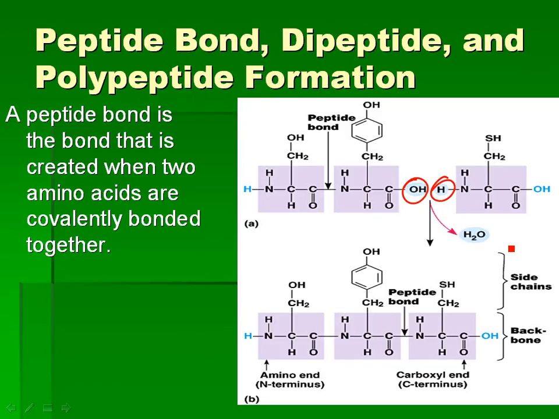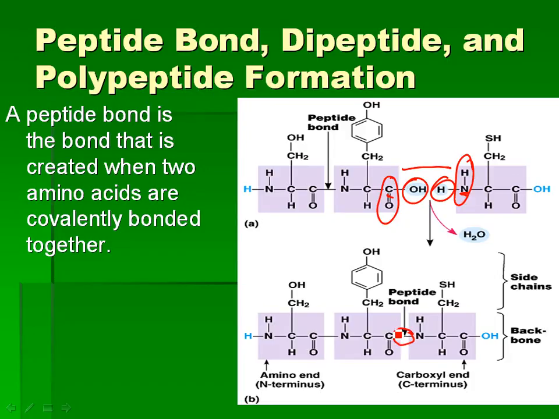And you can see when we dehydrate the molecule, we're left with the remaining carboxyl group, and a remaining amino group. And so we're going to form a covalent bond between the carbon of one and the nitrogen of the other. So if you look down, it's showing you where that covalent bond is formed between the carbon and the nitrogen. Okay?